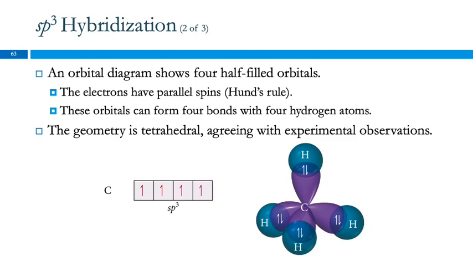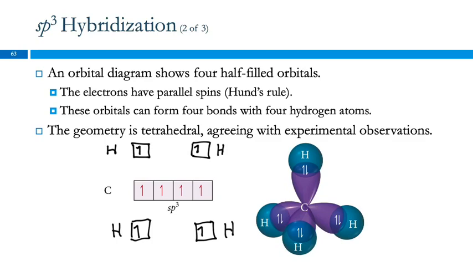Now if we look at how this would overlap with hydrogen, so there's a hydrogen, here's a hydrogen, here's a hydrogen, here's a hydrogen. This half-filled orbital of carbon can overlap with a half-filled orbital from a hydrogen.